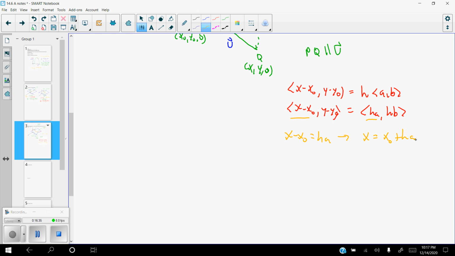And then, same idea, that second component must equal that second component since the vectors have to be equal. So y minus y naught equals HB. And if I want to solve that for y, I would add y naught to both sides. I would get y equals y naught plus HB.